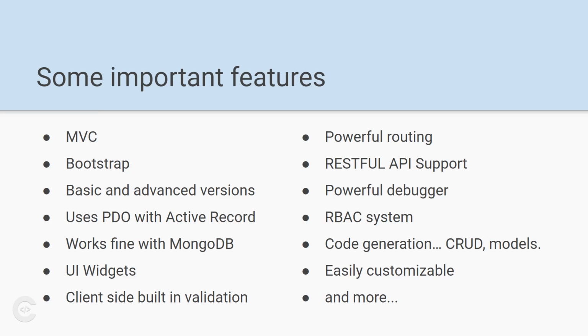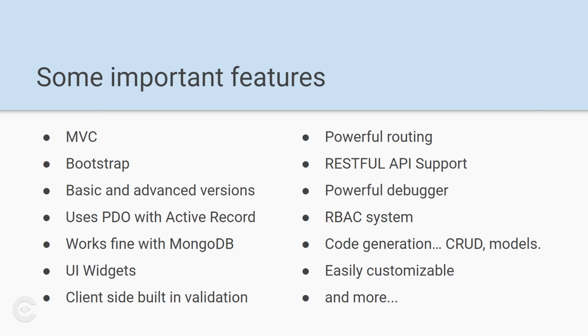It comes with Gii, G-I-I, which is a code generation tool. This is another very important thing which gives you the possibility to generate some models or even CRUD applications, create, read, update, and delete of a particular table in just seconds.